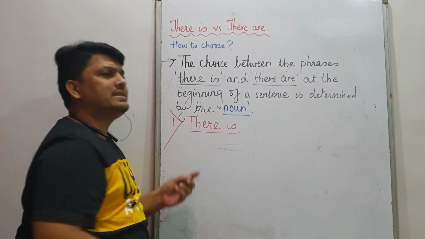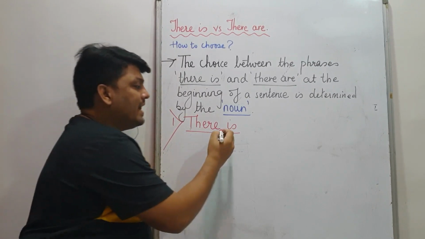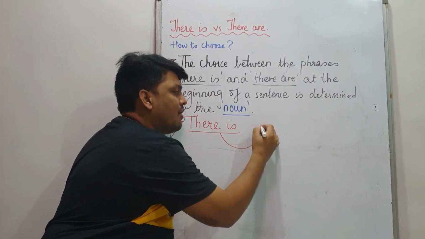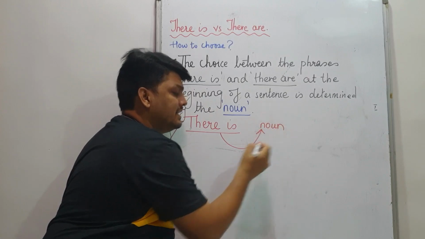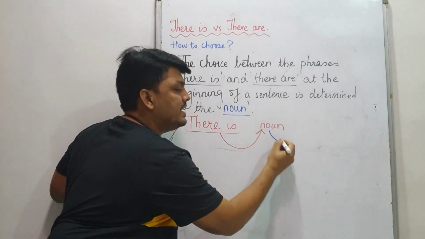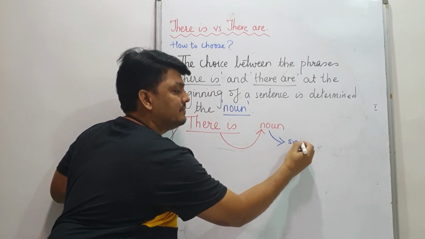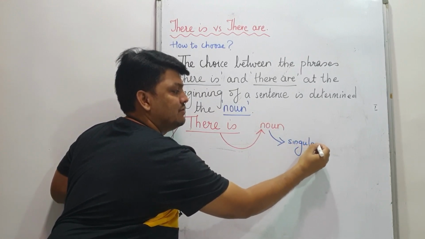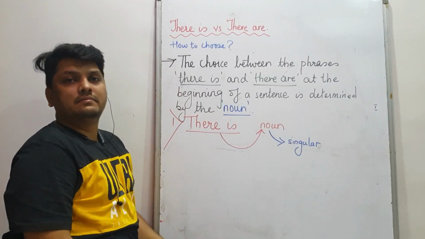How to use there is? When there is a noun here, this noun should be singular.